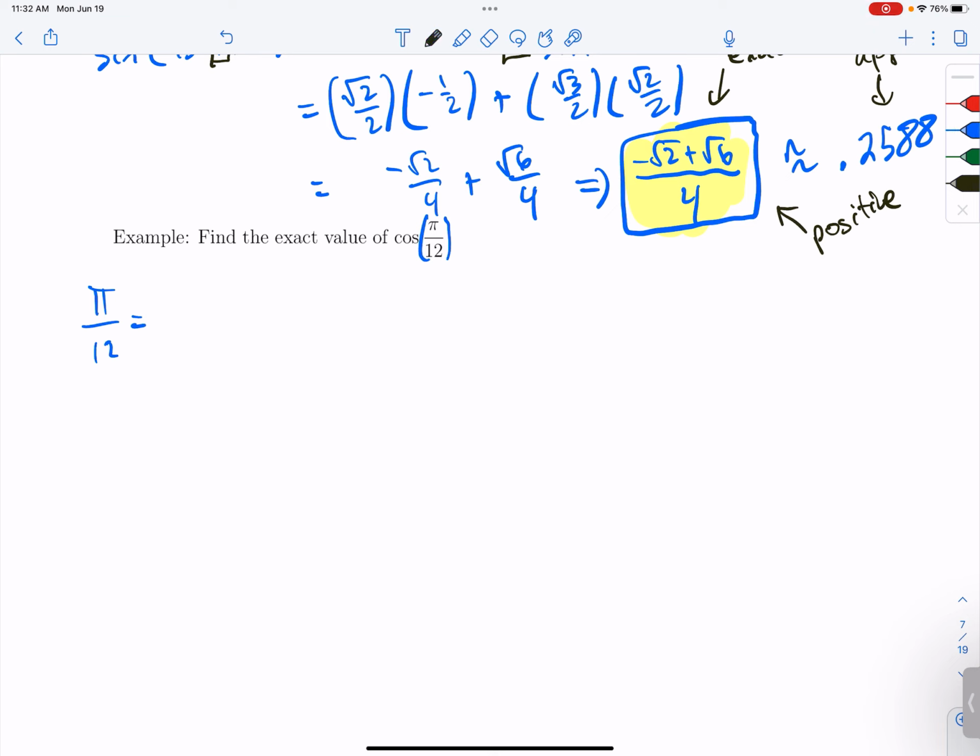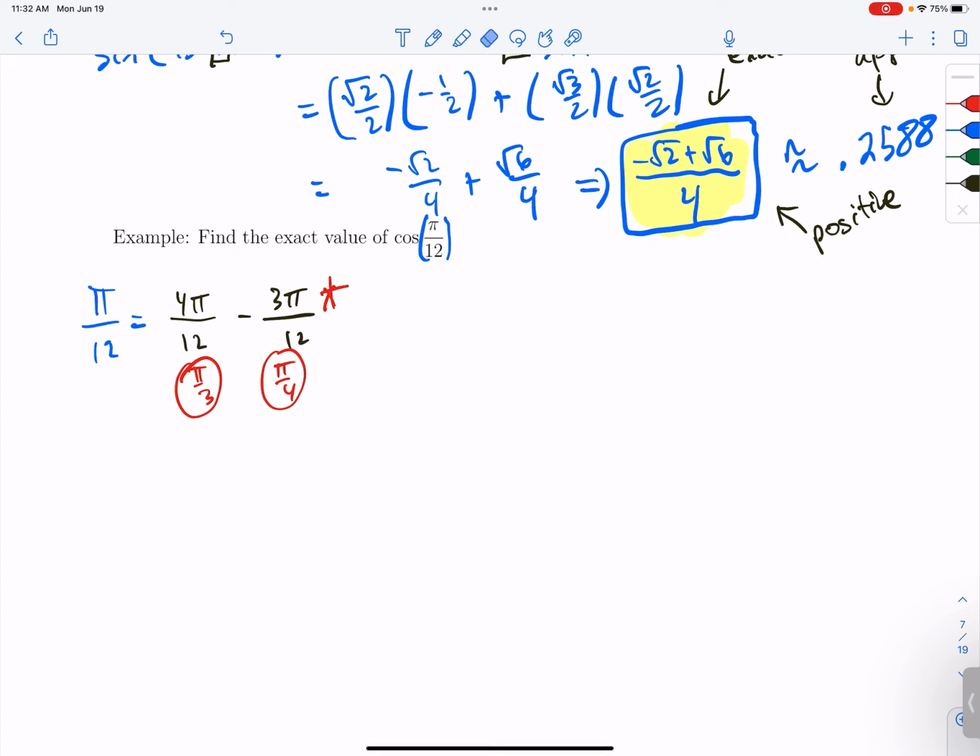Now this is sometimes tricky because there's no denominators of 12 on the unit circle. But I know that 4 pi over 12 and 3 pi over 12, that subtracts to pi over 12. And if I were to reduce these, I would get pi over 3, pi over 4. Those values are on the unit circle, so I can use these fractions up here.